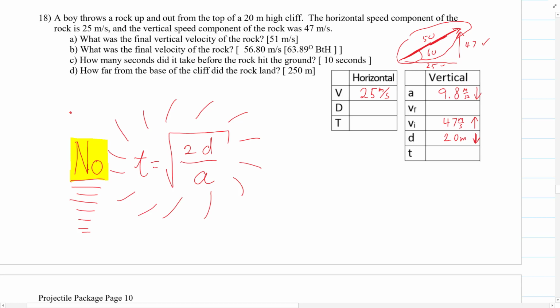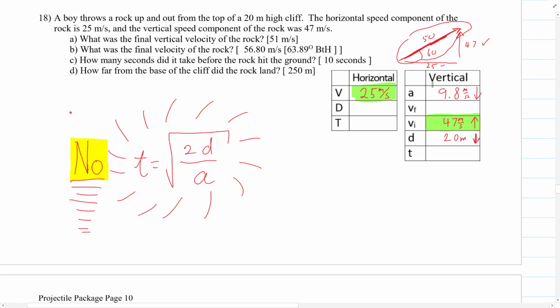No, you cannot use this formula anymore. Well, let's just read this question and we'll understand why. A boy throws a rock up and out from the top of a 20-meter high cliff. The horizontal speed is 25 and the vertical speed is 47. So you put those in here, and I've done that: 25 horizontal and vertical 47. I put up because that's important.